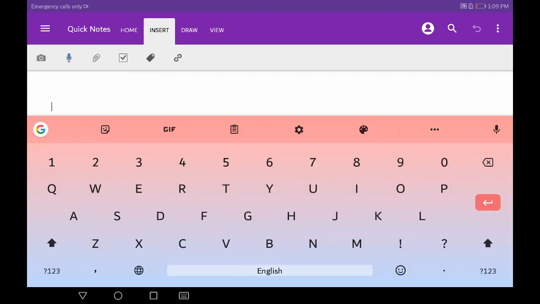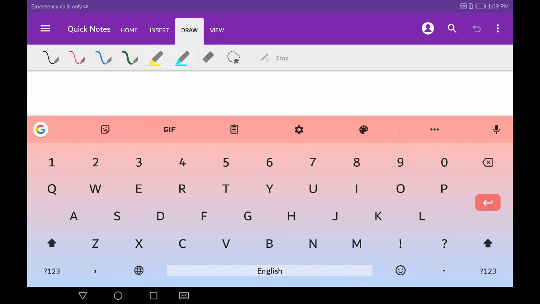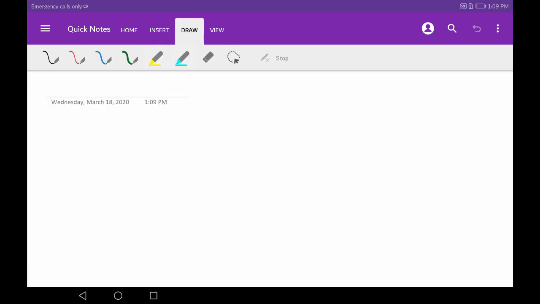So we have odd numbers and we have even numbers.